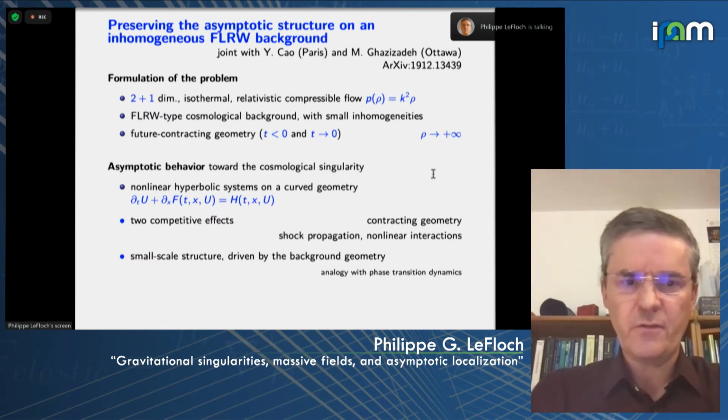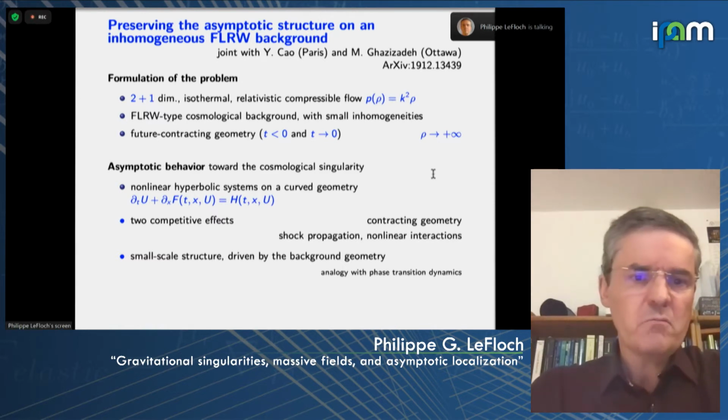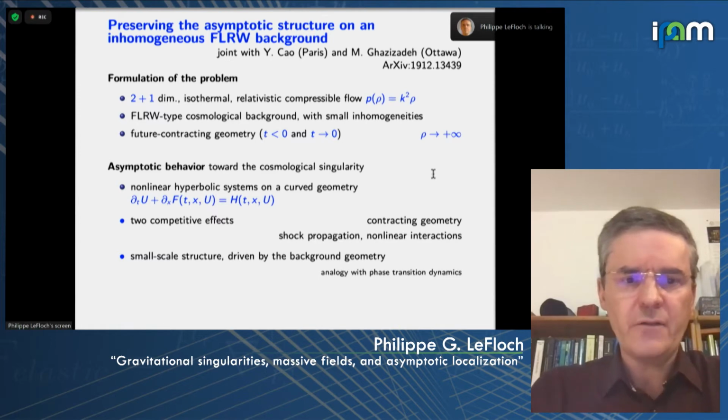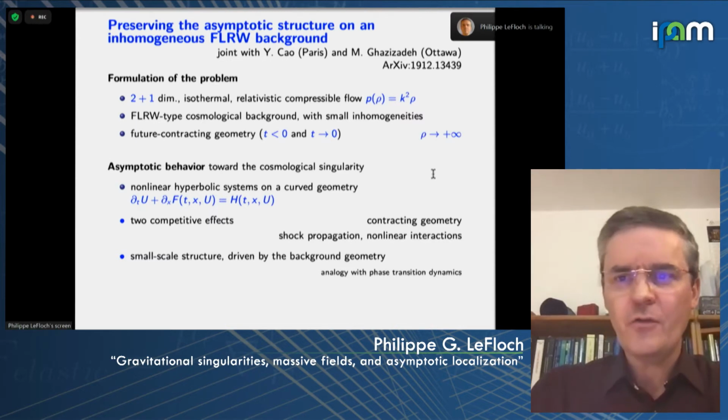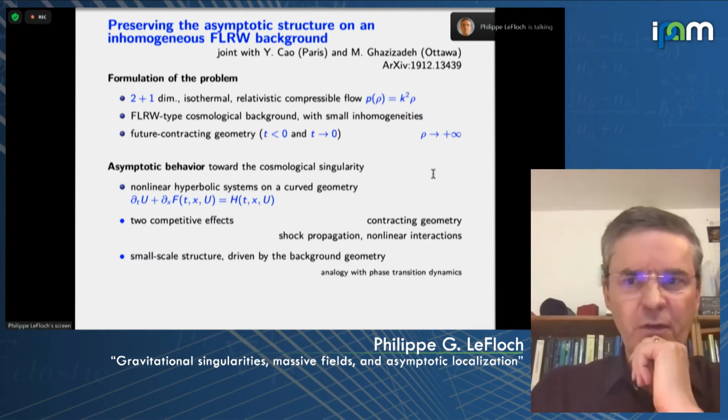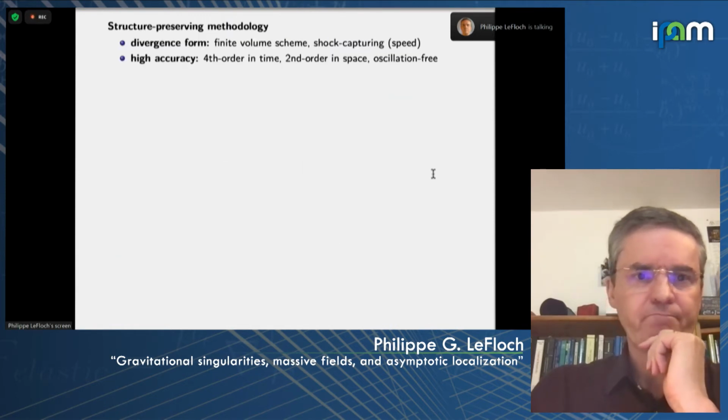And so again, I expect to see some small scale structure, which in this case is going to be driven by the background geometry. So maybe it's not so exciting, but still it's interesting to see, and I see an analogy with what I just showed you in phase transition.